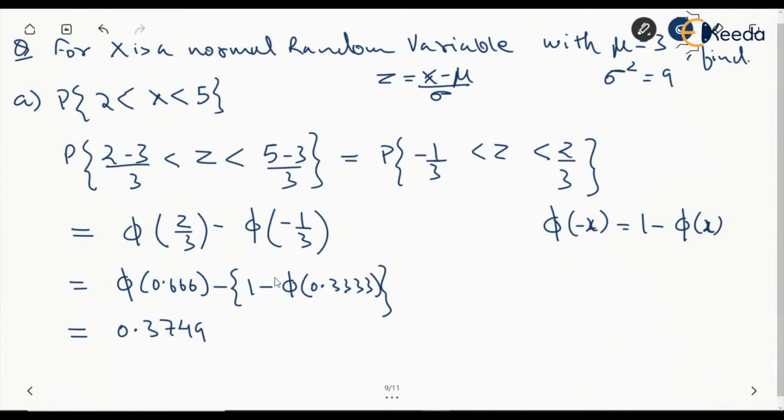Now the second part says find probability for x greater than 0. Now had it been standard normal distribution, x greater than 0 would have been directly 0.5, but it is not standard normal distribution. We'll have to convert it into the standard normal and see what this value is going to be.